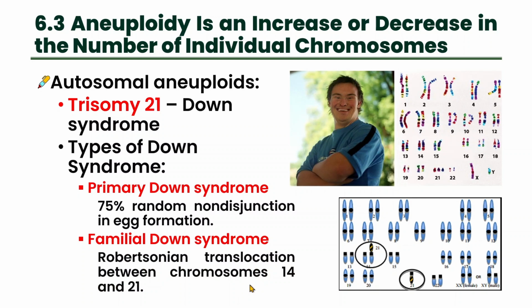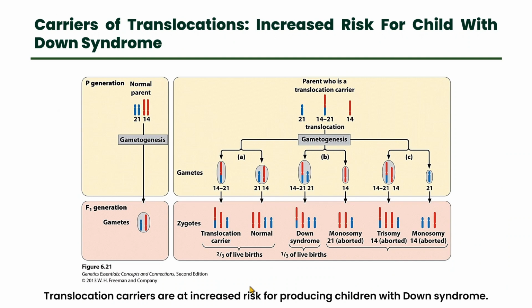This is a kind of Robertsonian translocation between chromosome 14 and 21. In short, there is an exchange of segments of chromosome 14 and 21. This figure shows translocation carriers are at increased risk for producing children with Down syndrome.